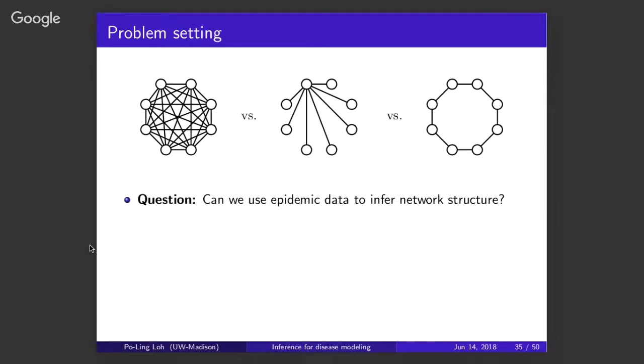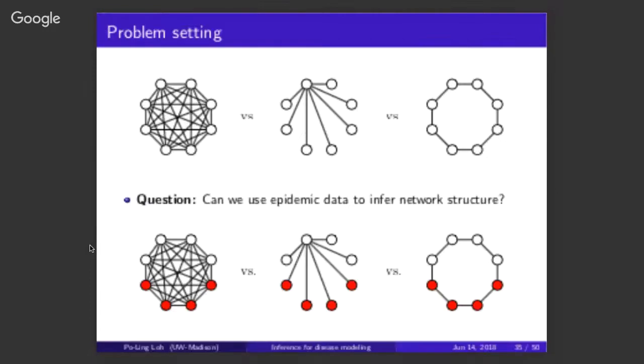Okay, so the problem setting here is that we have some different graphs that we hypothesize might be responsible for governing how an infection is spreading. And the question is, if we have information about who is infected, can that help us distinguish between different possible network structures? So you might imagine that the first one is that everyone is equally likely to give or receive infection from each other. The middle one is that there's a hub. So maybe if the infection is some information, then it simply means that everyone talks to one person, but not really so much to each other.